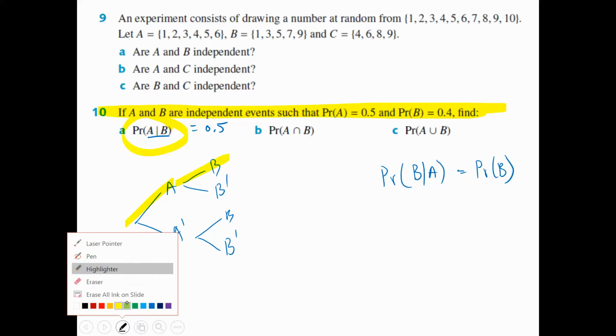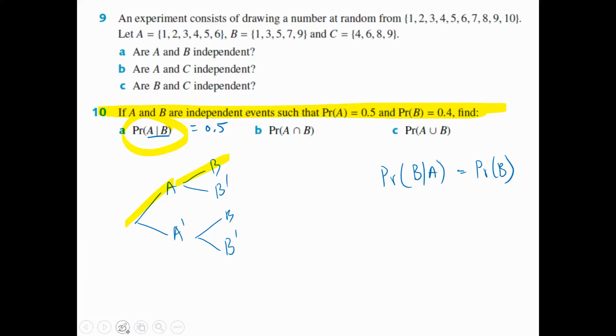In this case, I'll do it in red. They said this is 0.5 and this is 0.4. So the chance of A intersection B has to be 0.5 times 0.4, which is 0.2.